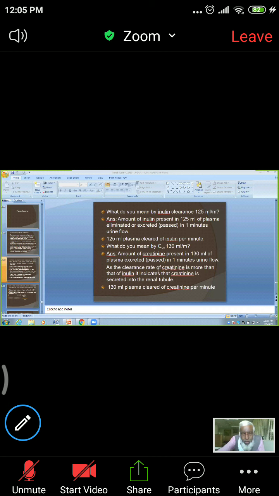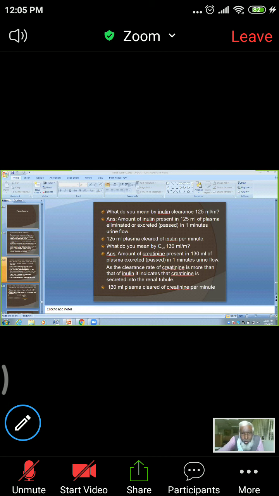If the clearance of a substance is more than that of inulin, that means something is secreted into the renal tubule. If the clearance rate is less than that of inulin, it indicates something that is reabsorbed in the renal tubule. This is the theme.